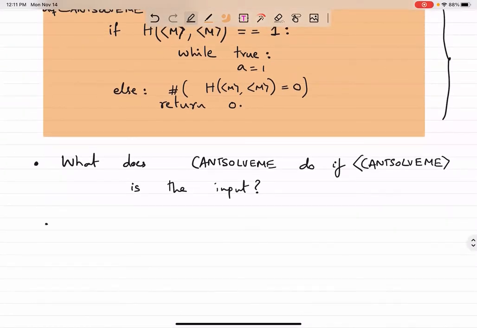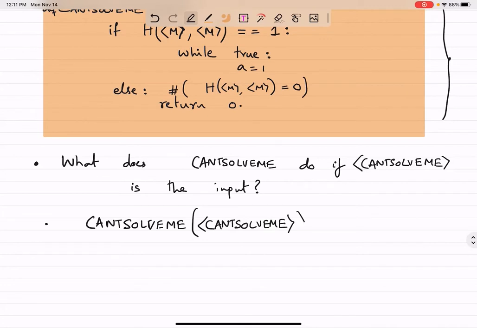There are two cases. So it's a simple question. What would can't solve me output on can't solve me? All right. So let's do case analysis.